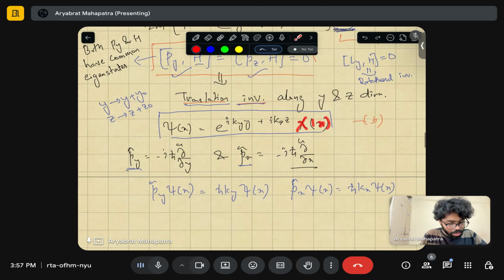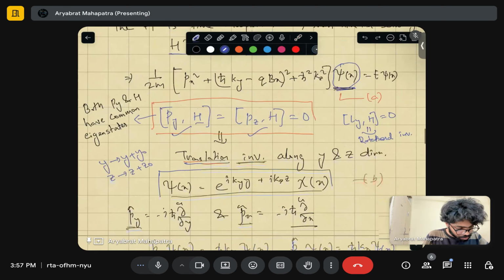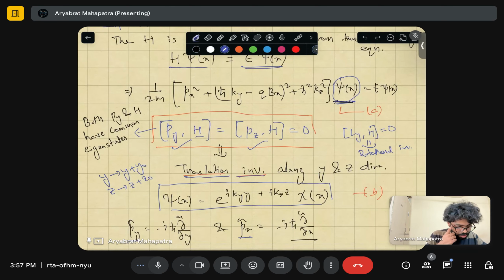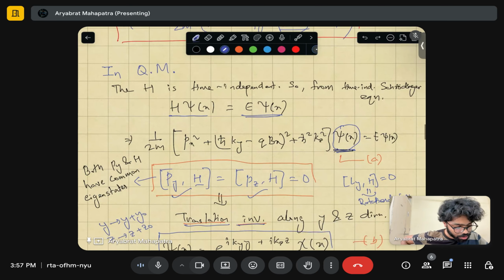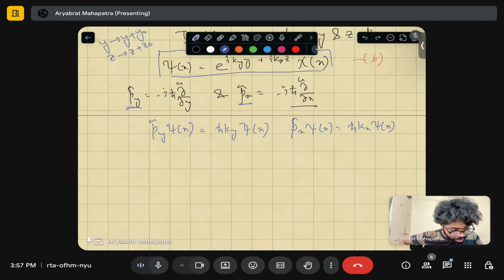You can do that because, for example, if you only consider the x direction, the Schrodinger equation would be px squared over 2m.